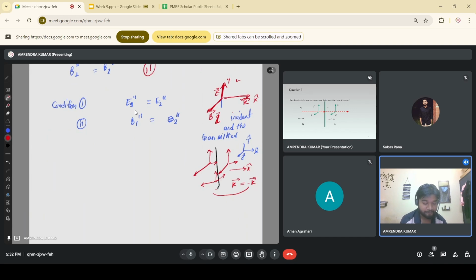Let's calculate the direction of B. k becomes minus x cap, and you take k cross E, with E being y cap. So the direction of B is minus z cap.